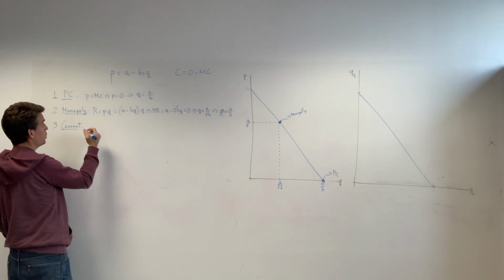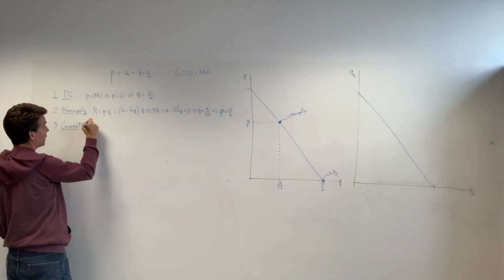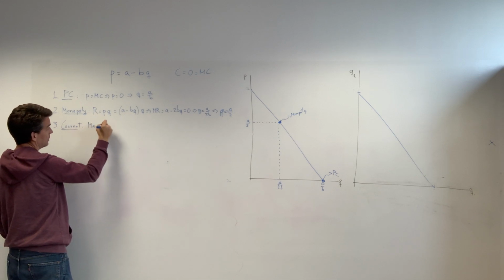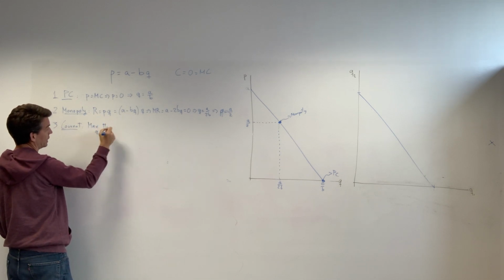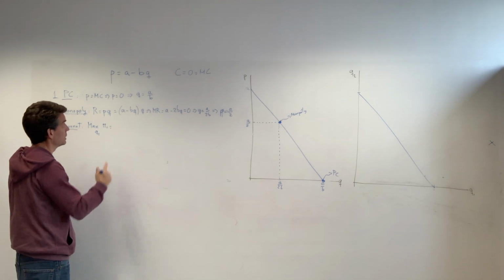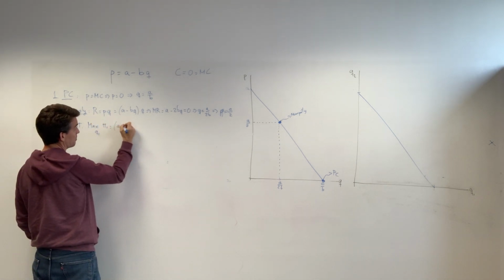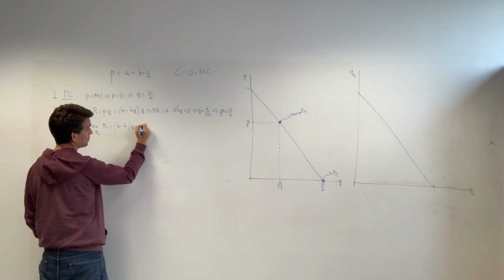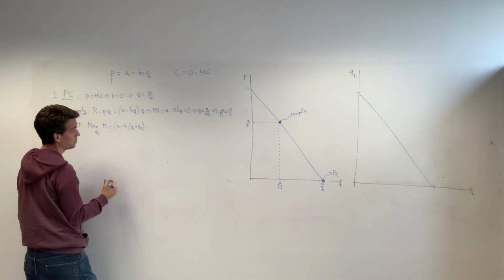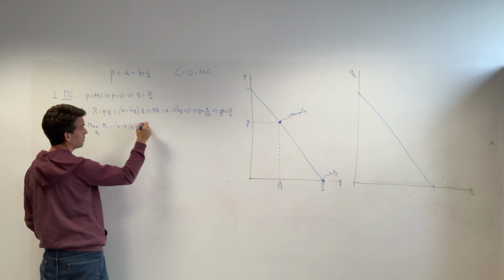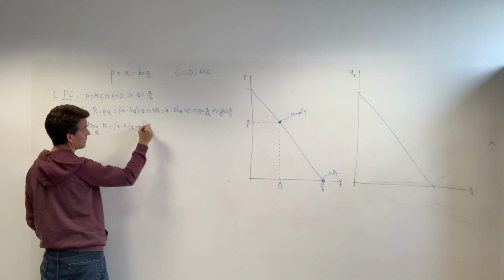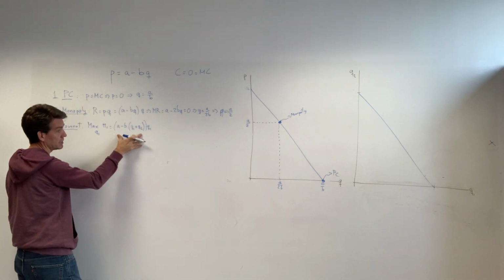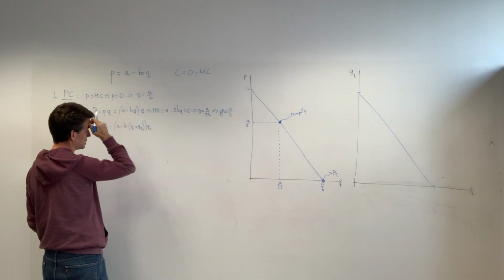So let's start with the profits of firm number 1, who's maximizing their own profits, deciding Q1. What are the profits of firm number 1? The price, which is A minus B, but now the quantity is going to be the quantity that firm number 1 produces plus the quantity that firm number 2 produces. A minus B multiplied by Q1 plus Q2, that's the price, times Q1. This is the revenue minus the cost. Again, the cost is 0.